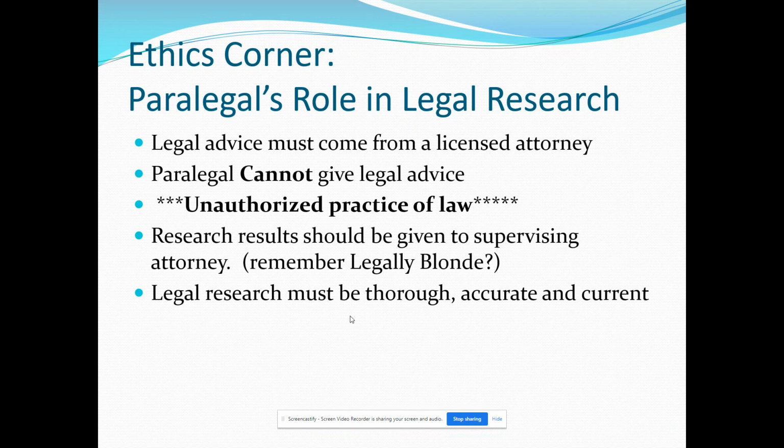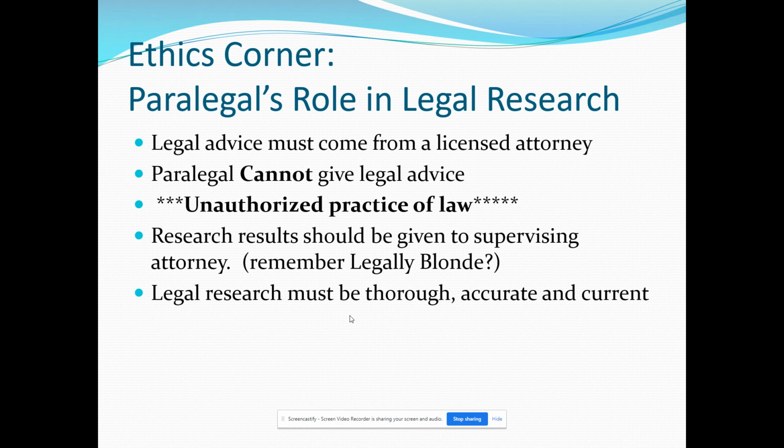It's not authorized. Okay, so if you are doing a research project for your attorney, say what work product do you want? Do you want a memo? What do you want? And they say, we'll draft a letter to the client. If you are drafting a letter to the client, you cannot give, under your signature, legal advice. Now you can draft a letter that then the attorney approves and edits and changes for their signature with legal advice.